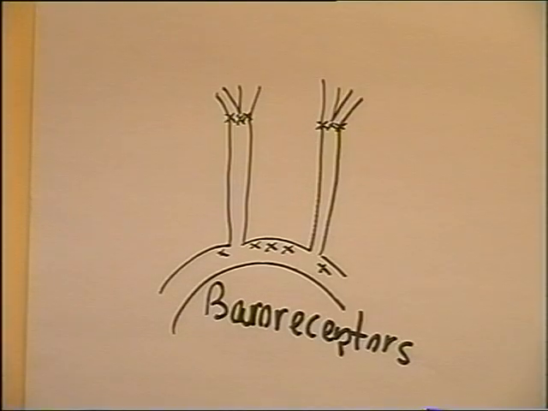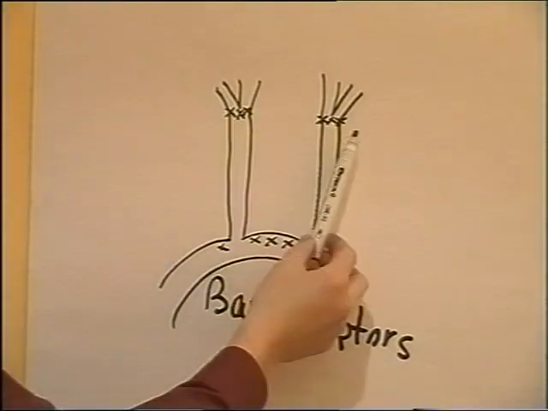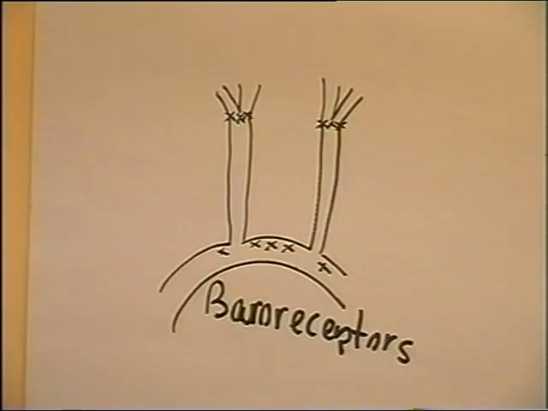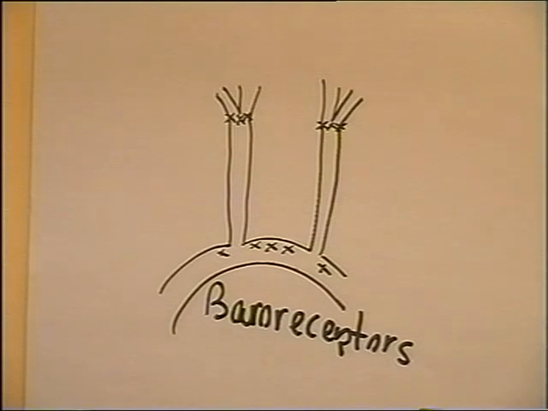They're stretch receptors and they detect the pressure of the blood in the carotid arteries. So the aortic arch baroreceptors are detecting the pressure of the blood in the aorta, and the carotid sinus baroreceptors are detecting the pressure of the blood in the carotid arteries.